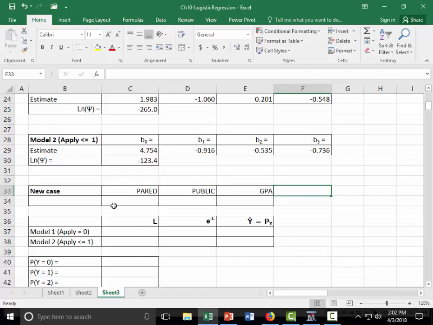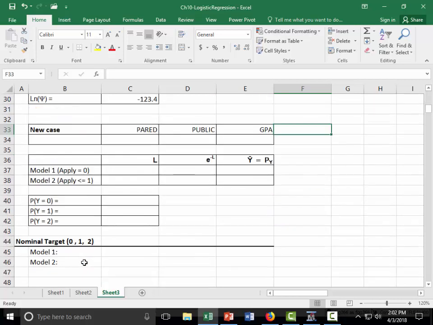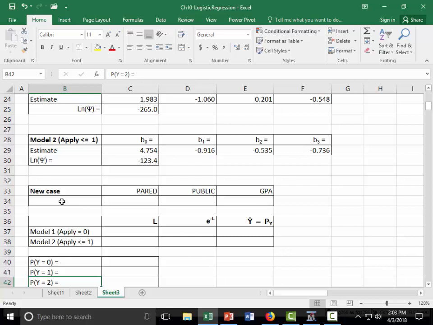Okay, so now let's look at how to compute the probabilities for y equal to 0, y equal to 1 and y equal to 2 for any given record. So a new case, for example, let's say that either one of the two parents is a college graduate, so let's say that's not so.